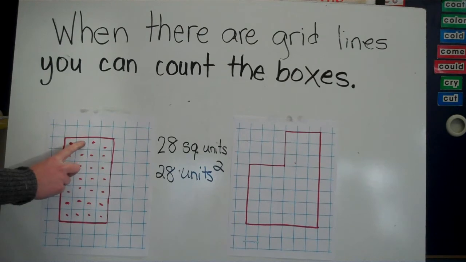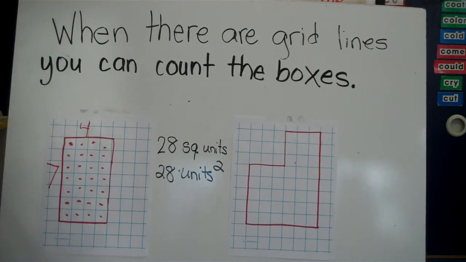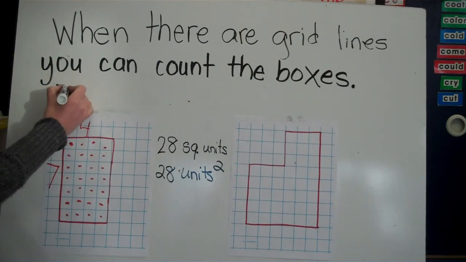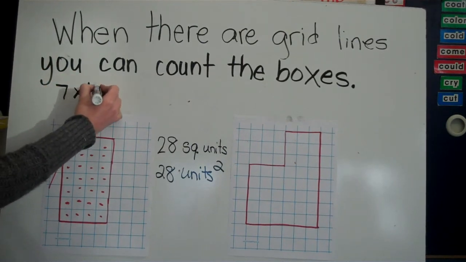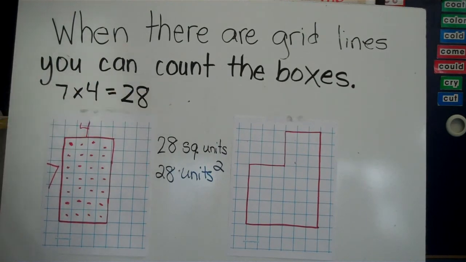I have 1, 2, 3, 4. So it's that array that we have, and we know that 7 times 4 equals 28. We have our 7 rows and 4 columns. 7 times 4.